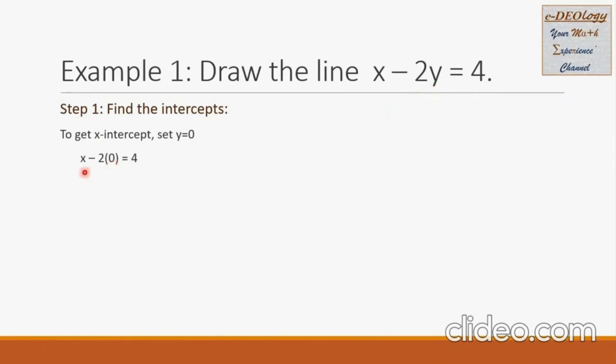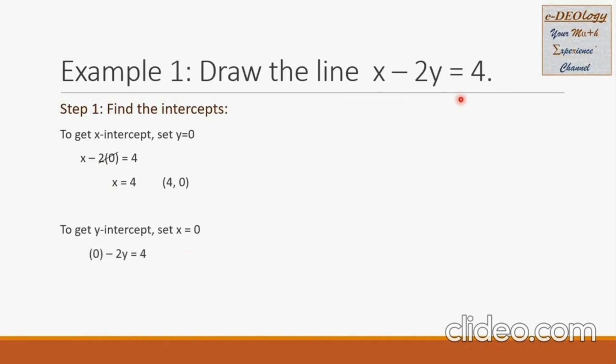So we have here x minus 2 times 0 equals 4. The 2 times 0 is simply 0, so we have x equals 4. It means our x-intercept has the ordered pair (4, 0).